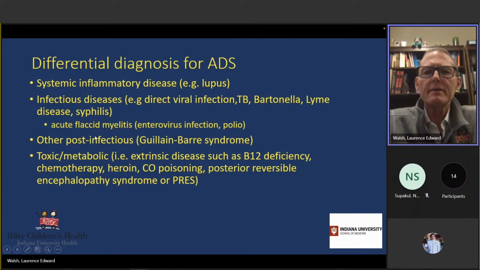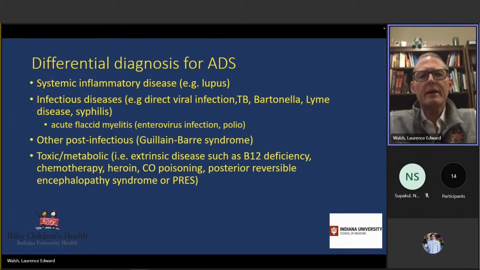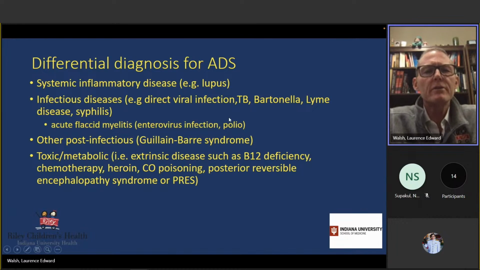One thing that has shown up for us intermittently over the years is acute flaccid myelitis. So this is in the differential for Guillain-Barré syndrome and for transverse myelitis, but it looks different. It's asymmetric. It's almost exclusively motor. And it's very patchy. It's polio basically, except it can be from other enteroviruses.